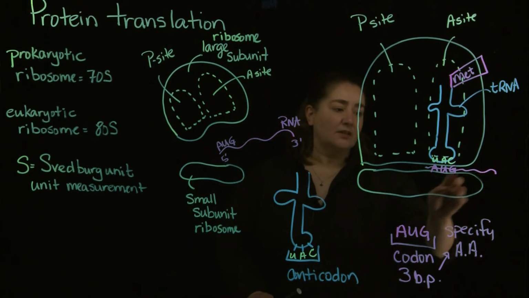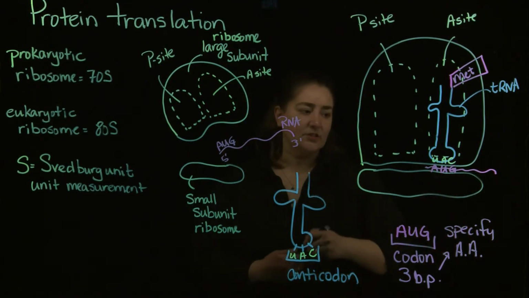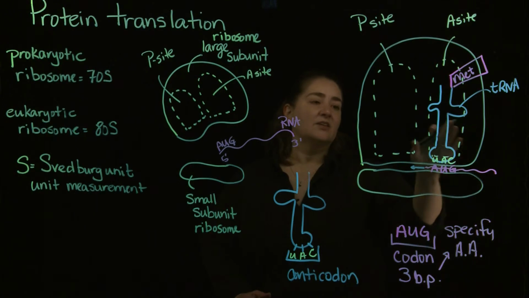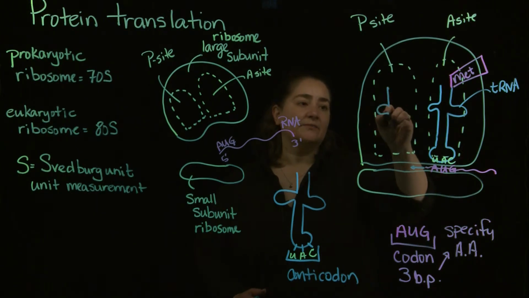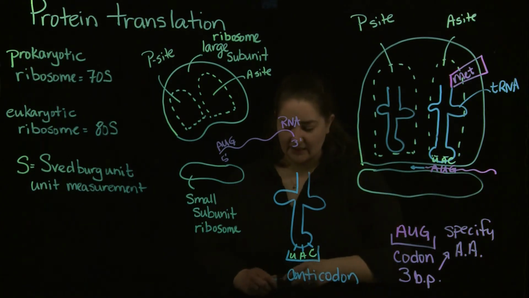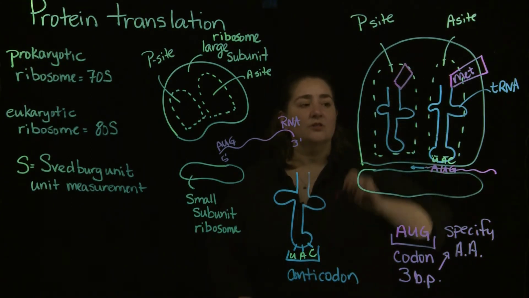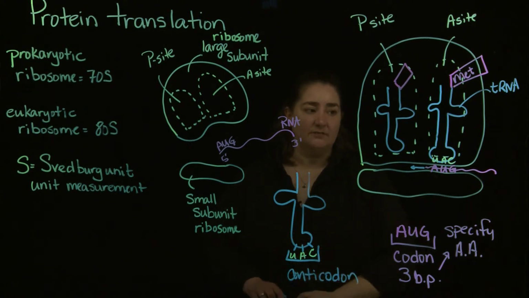What's going to happen? That RNA molecule is going to move between our large and small subunit, and it's going to carry that tRNA into the P site. All right? And this is where we're now going to start building our protein chain.